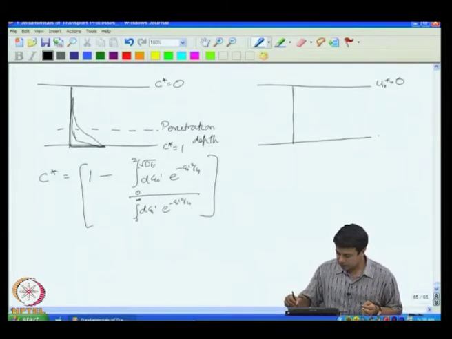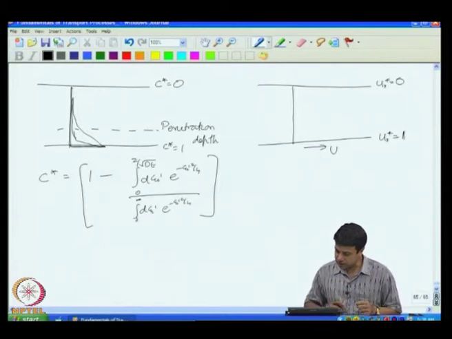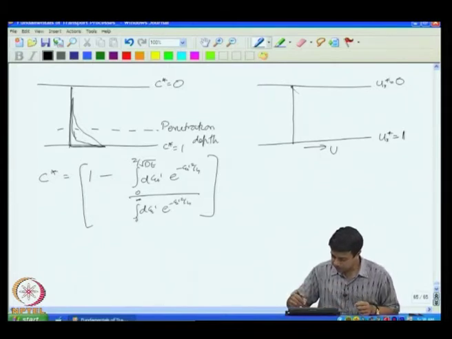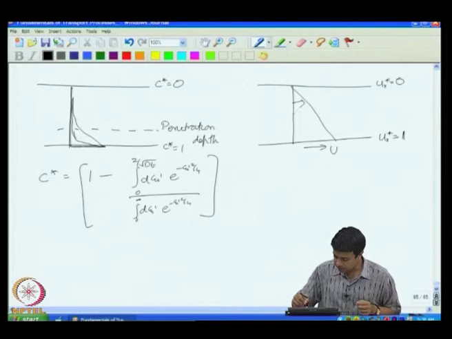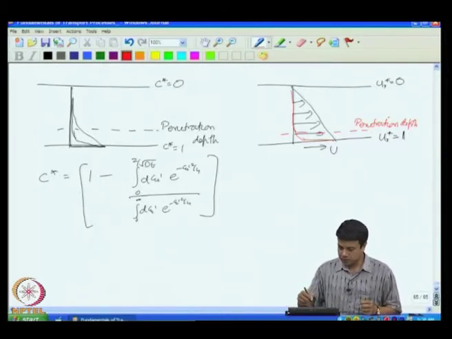At time t equal to 0, I set this plate into motion with a velocity u, so that ux star, which is the scaled velocity, is equal to 1. In the final state, of course, I will have a linear velocity profile. But in the very initial stages, the momentum transfer will be limited to a thin region near the base, where the penetration depth is small compared to the total height h.